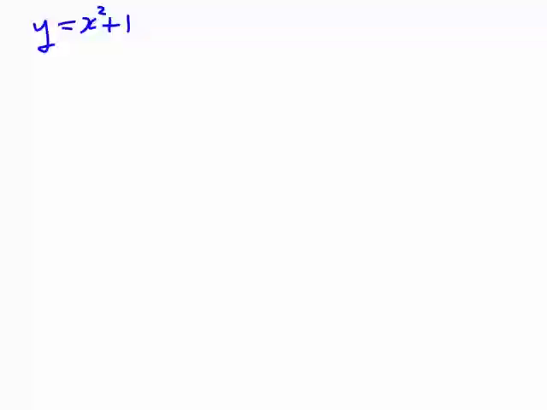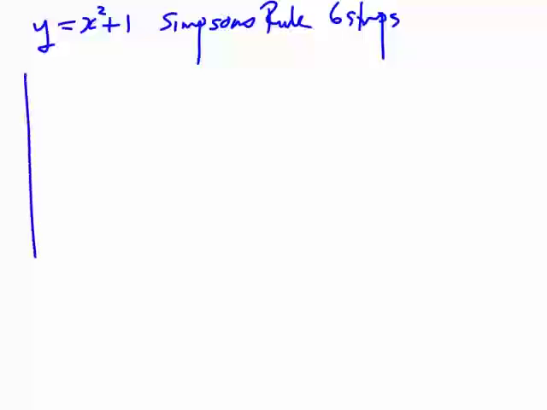So let's have a look at Simpson's rule, say 6 strips. Okay, so I always like to draw up a picture, and we know this one's a nice little parabola. 6 strips, let's go from x equals 1 to 7.